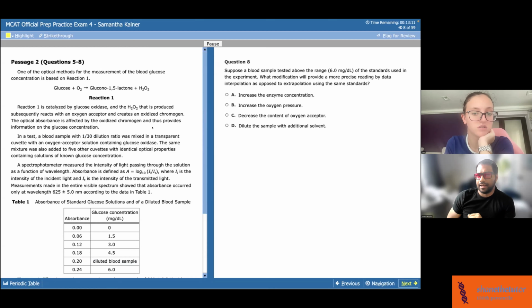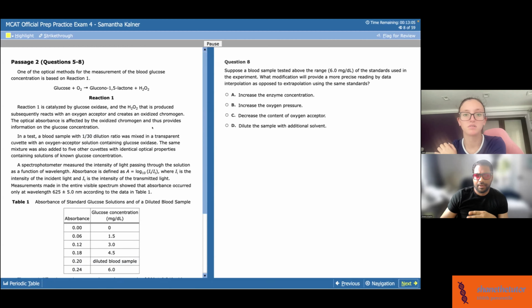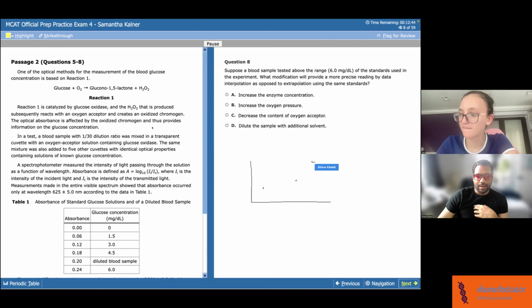What's meant by interpolation and extrapolation? Add something instead of taking something out. Extrapolate is like when you can extrapolate the data. Extrapolating is like the result, right? Let's say this is 4.5, this is the value for the diluted sample, and then this is the 6.